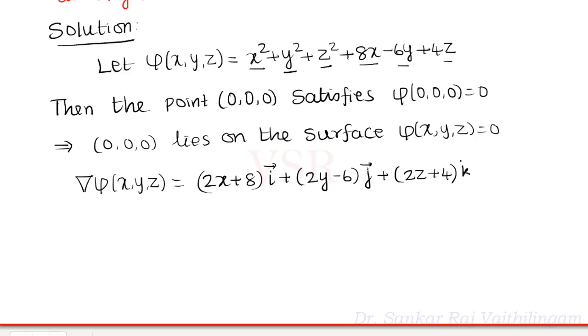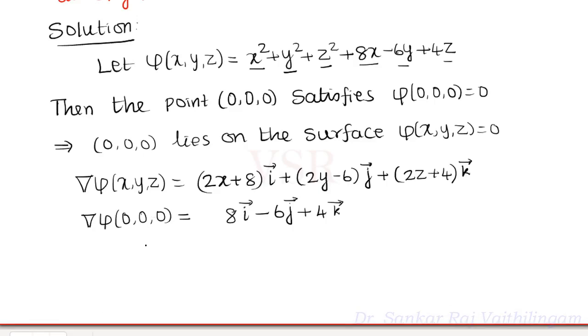So this is the gradient vector at the point x, y, z. Now we need to find del phi at the point 0, 0, 0. I am going to calculate this by putting 0 for x, 0 for y, 0 for z. So this is 2 into 0 plus 8. So I'll have 8 i vector minus 6 j vector plus 4 k vector. So this is del phi.